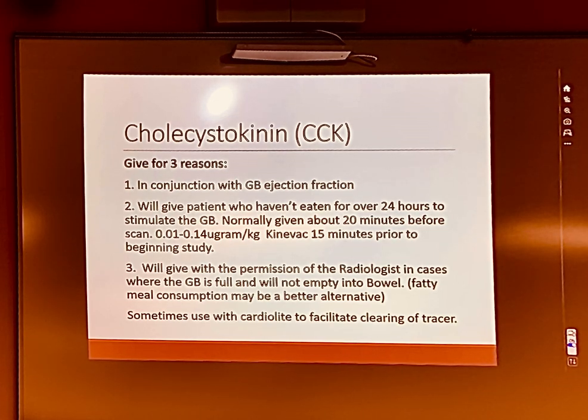That's the purpose of it. If you have a CCK shortage, which we do, unfortunately, rather often because no one else uses it except for McMed, your physician may say, give the patient a high-fat meal instead of doing a CCK.